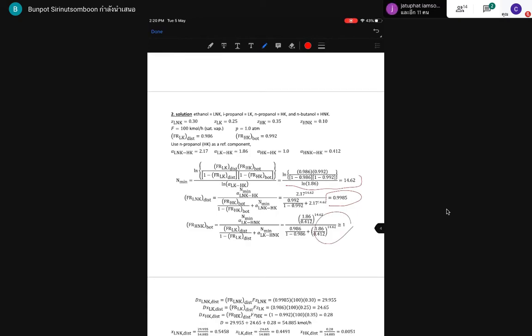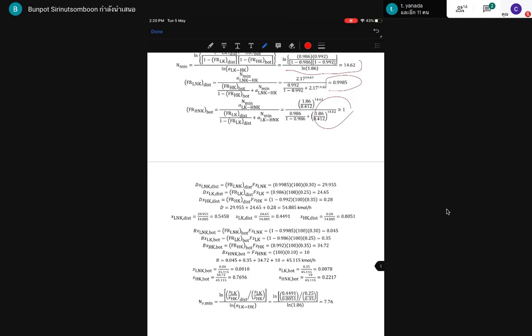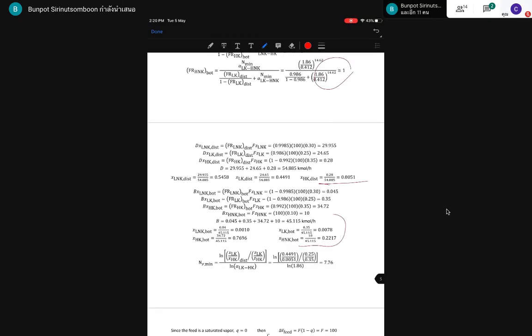Using the Fenske equation, I solve for this. Then I can calculate all the compositions in the distillate and in the bottoms, and from this I can calculate NF minimum.